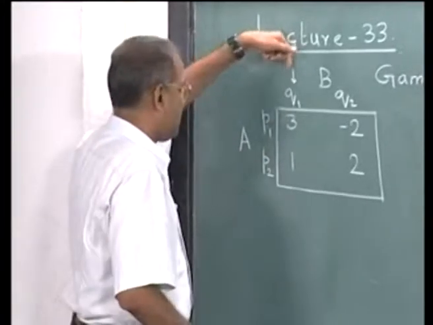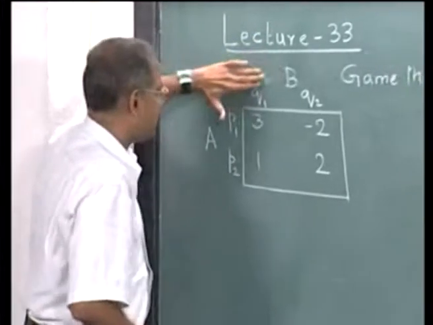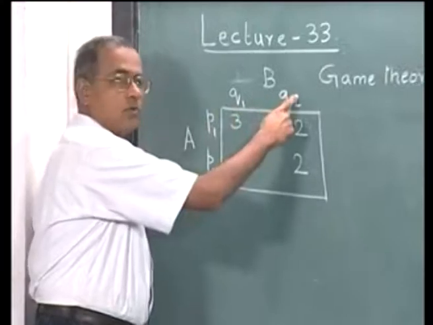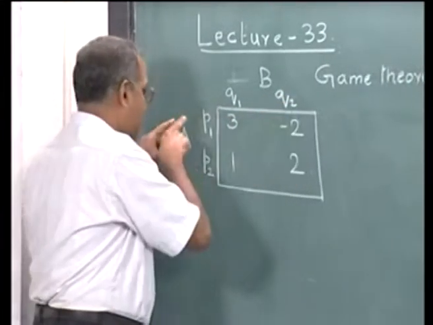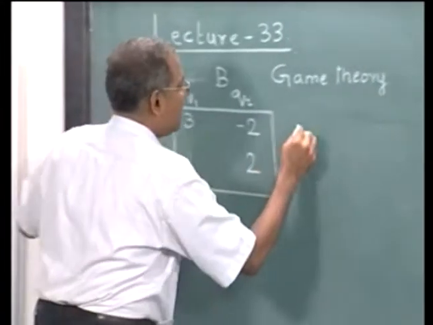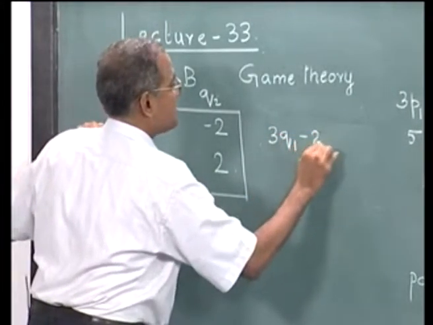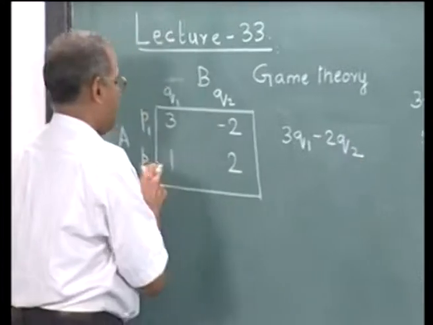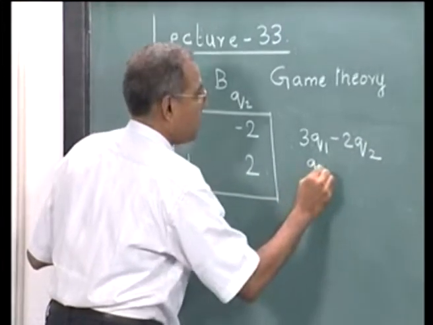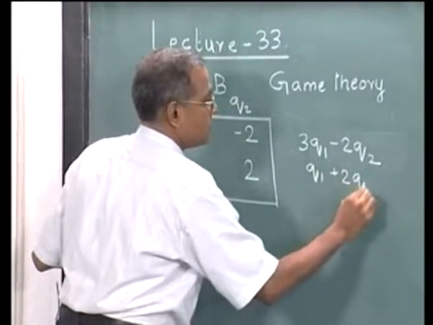Now, if we try to do this for B, then what would B do? B would say that if I play my strategies q1 and q2 proportion of times, and if A plays this consistently, then B's loss will be 3q1 minus 2q2, and for this one it will be q1 plus 2q2.